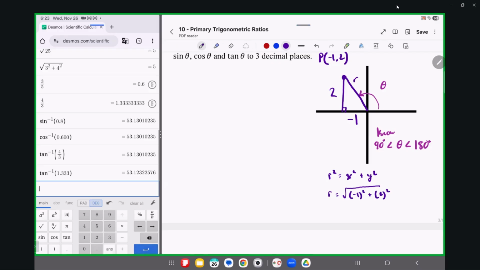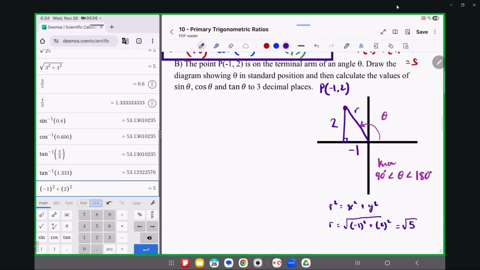So if I take on my calculator here, negative 1 squared, we get a positive number. And if I take 2 squared, we get 5. So r would be equal to the square root of 5. So here we're going to say that r is equal to the square root of 5.